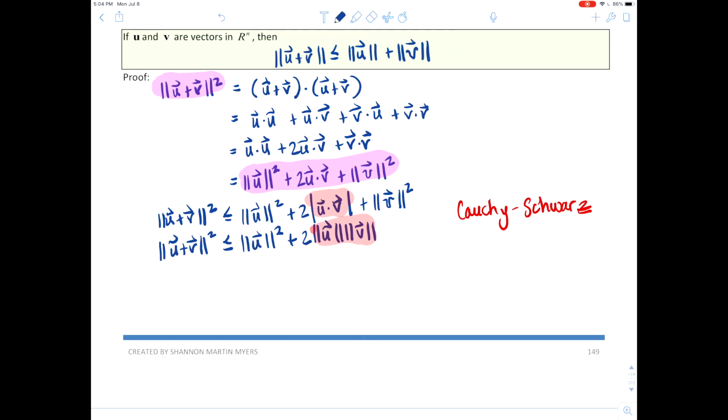Okay? Don't forget to add this guy. Cool, cool? All right, so now what do you think? Well, the magnitude of u plus v squared has to be less than or equal to, what would that be? Can you write that as a perfect square? I mean, isn't this the magnitude of u plus the magnitude of v, the quantity squared.